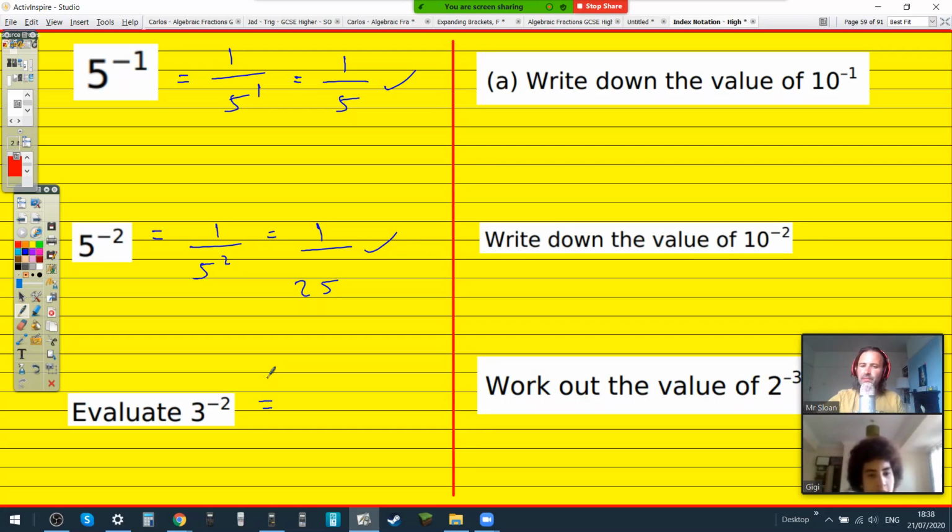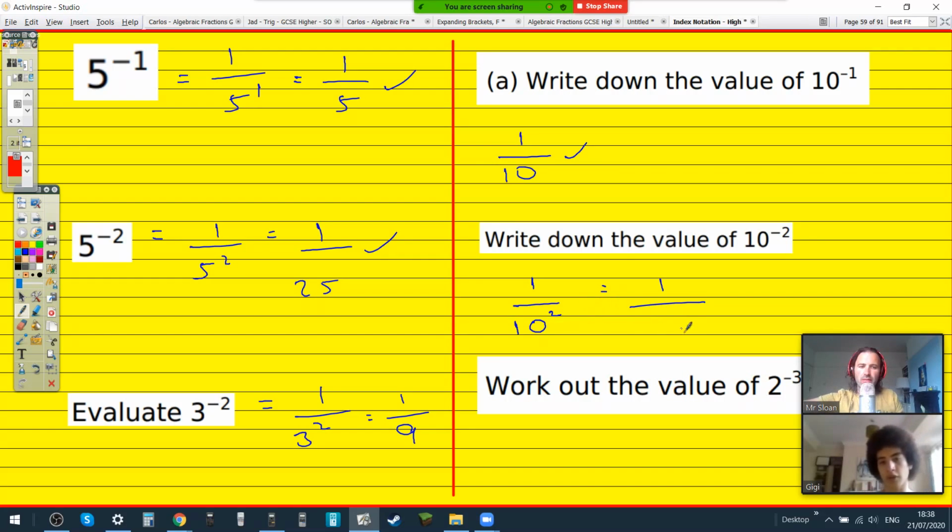1 over 3 to the power of 2, which is 1 over 9. 1 over 10 to the power of... oh, just 1 over 10. Mm-hmm. 1 over 10 to the power of minus 2, oh, it's the power of 2, which is 1 over 20. 10 squared?